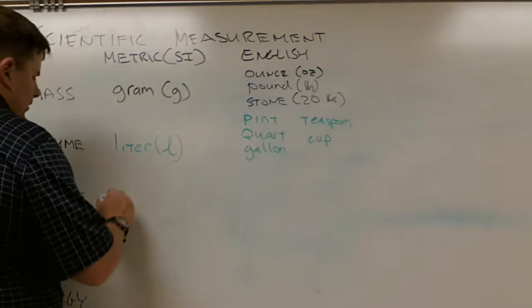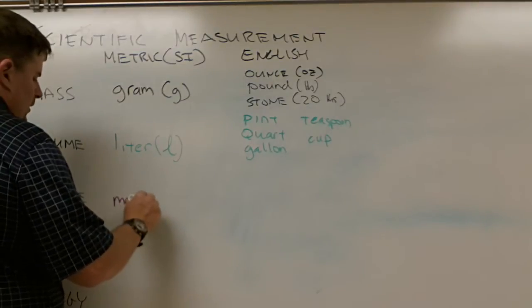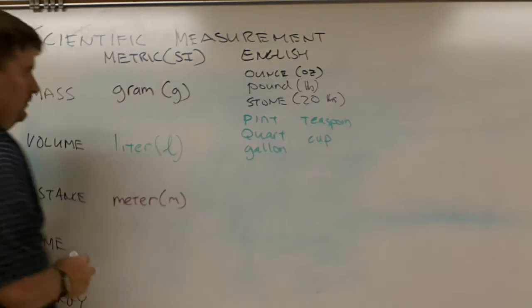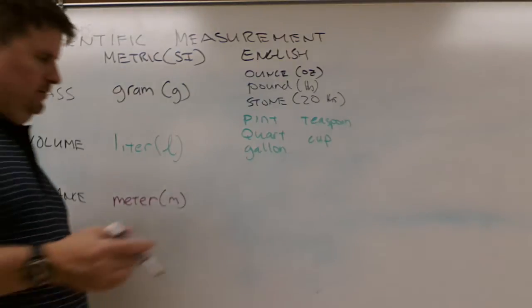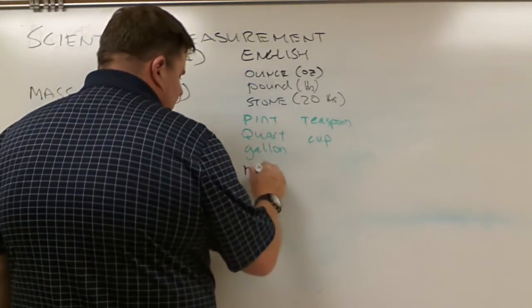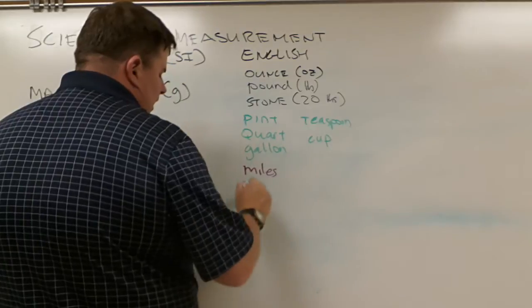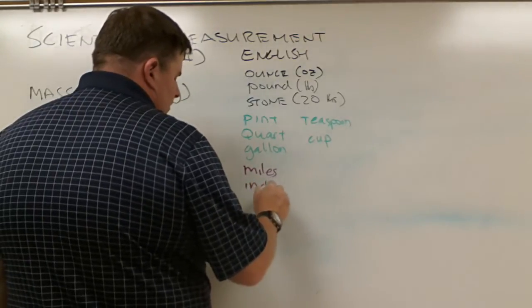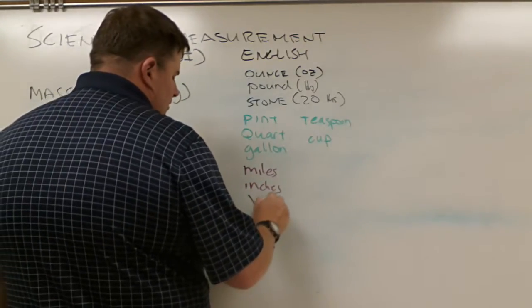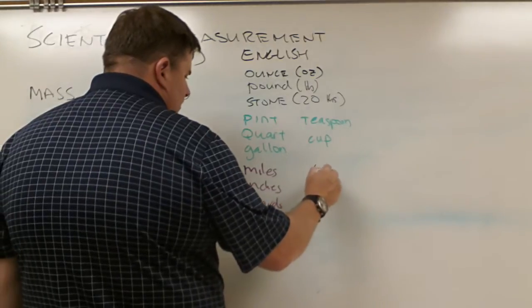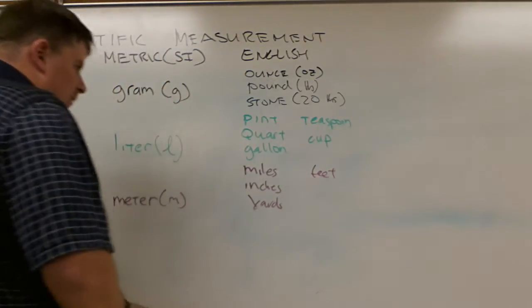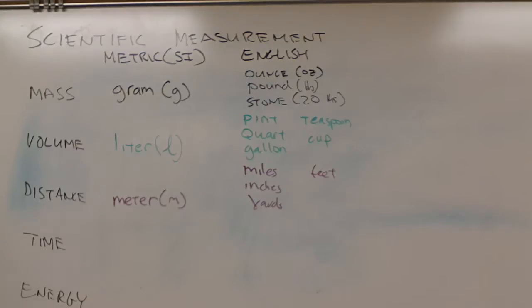Distance, it's the meter, represented by a lowercase m. English measurements, you're looking at miles, or inches, yards, feet, right? All of those things are English measurements. Time is one that's actually universally shared by both of these systems.